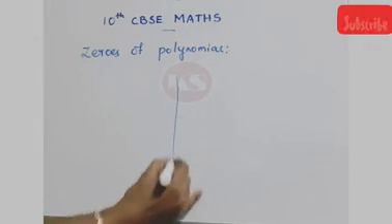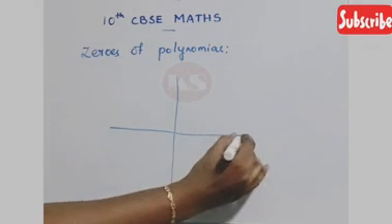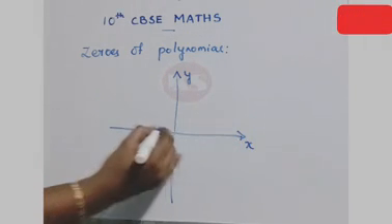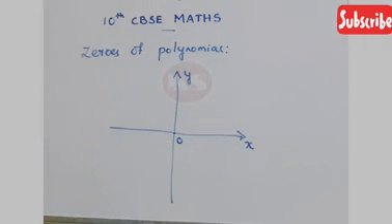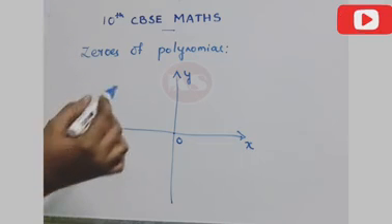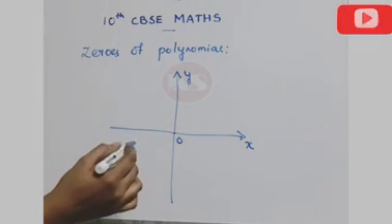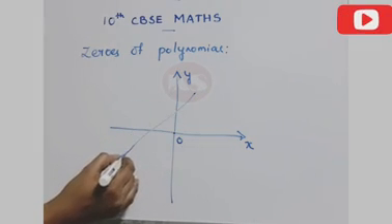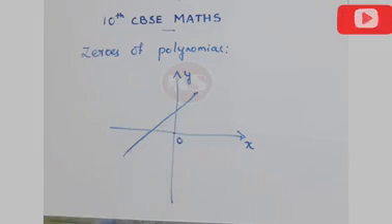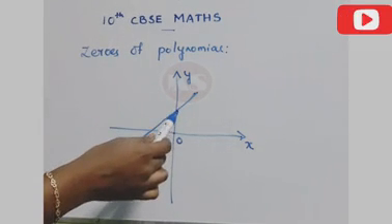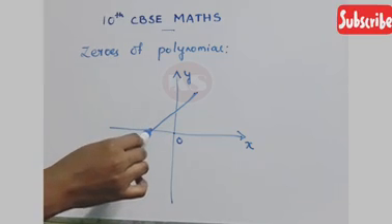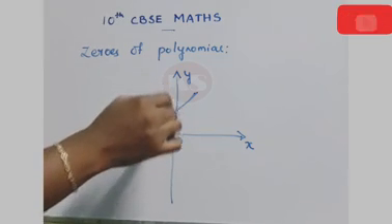See, this is the x-axis and this is y. This is the origin 0. It's not only a curve, whether it is a straight line or a curve, see where it cuts the x-axis.